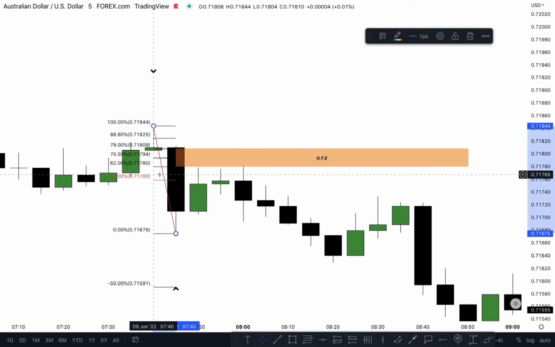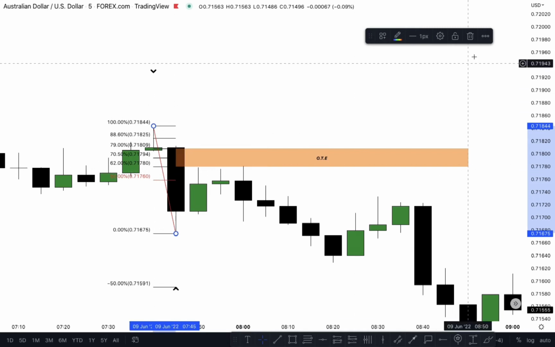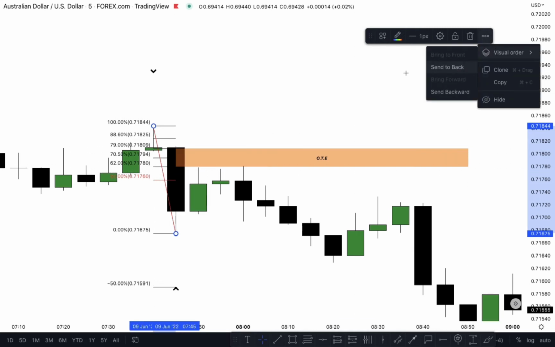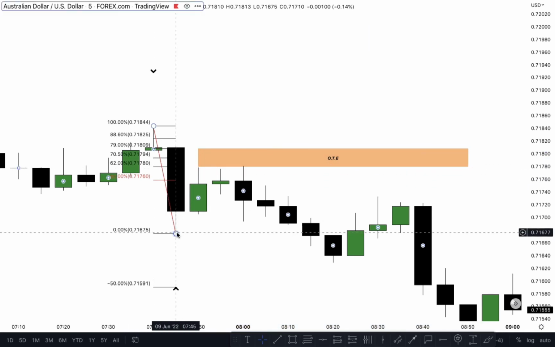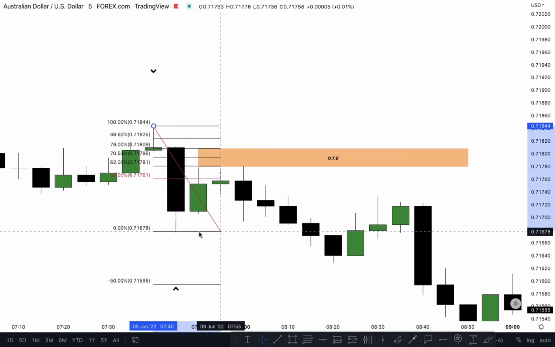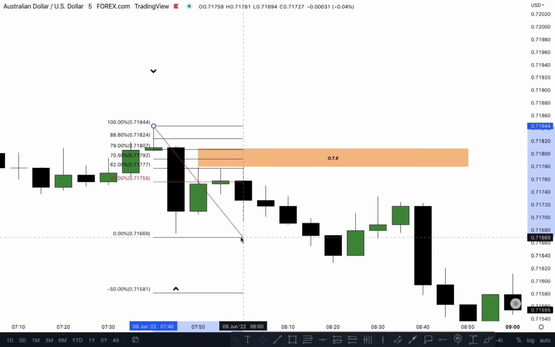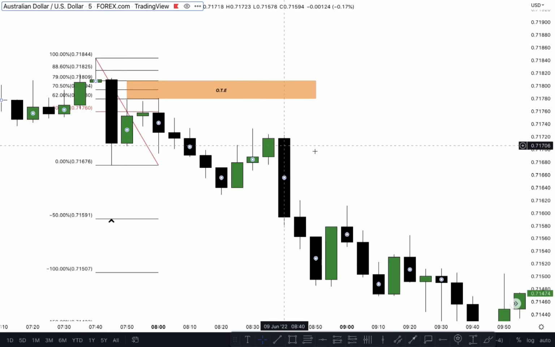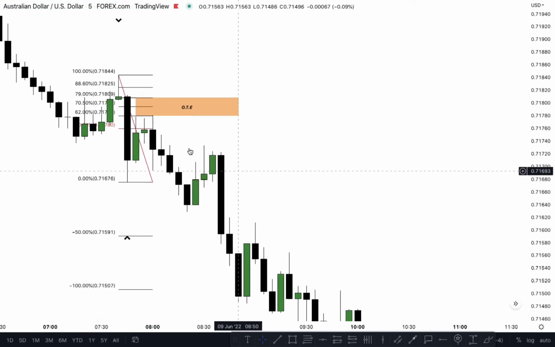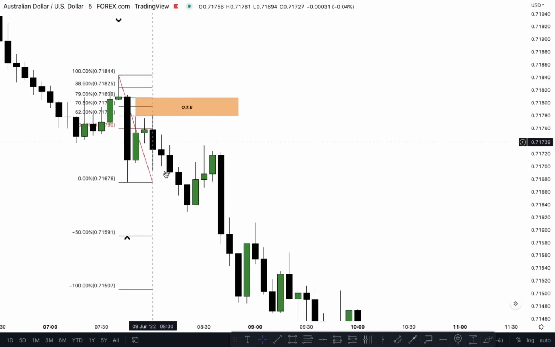As you can see, optimal trade entry lands exactly in that box. And price tags it, hits the 62% retracement level, and from that point, from hitting that area, it continued to drastically drop, giving that retracement right here and dropping lower.